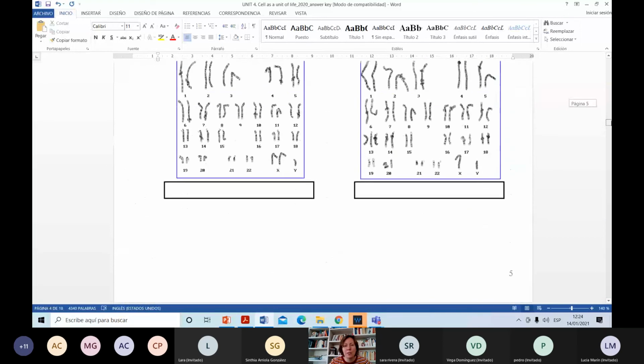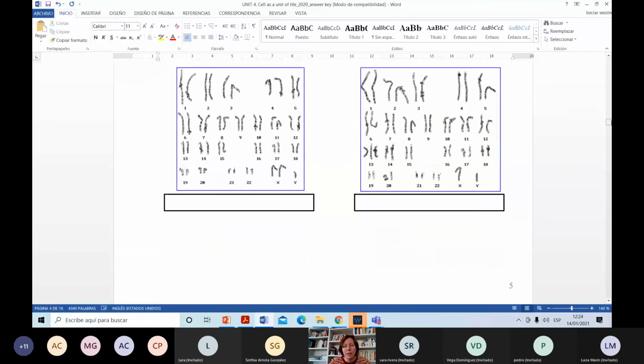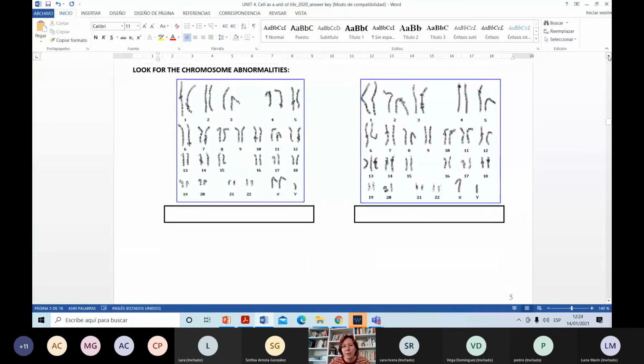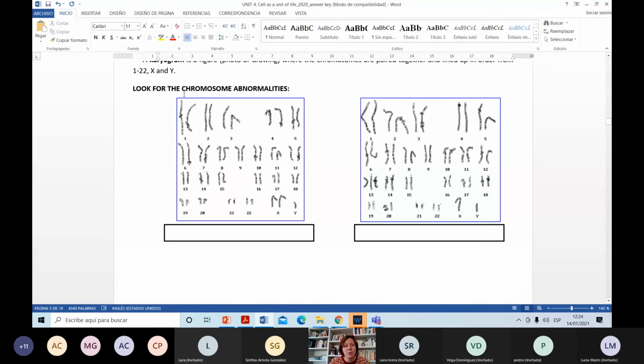Bueno, para introducir lo que vamos a ver el próximo día, os dejo una investigación, ¿vale? Que es esto que viene aquí de chromosomal abnormalities.